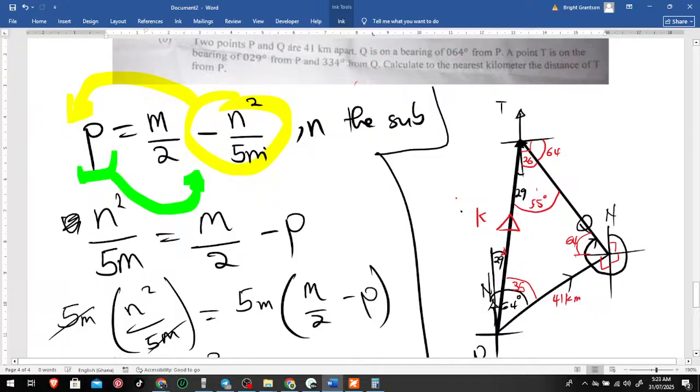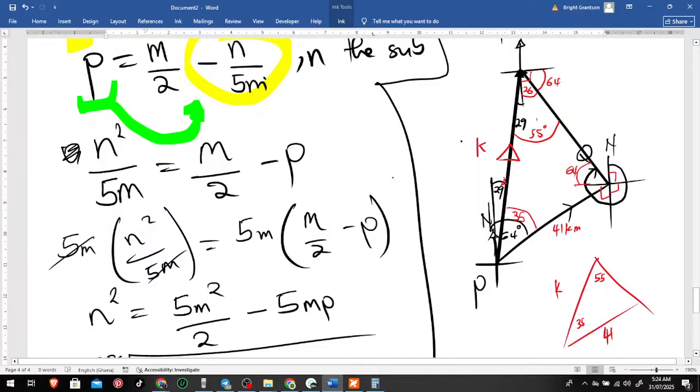And the diagram has become something like this. Here's 41, here's 35, here's 55, and here's K. So you are supposed to find K. You can use sine rule to find the value of K.